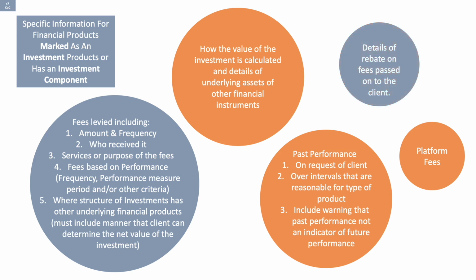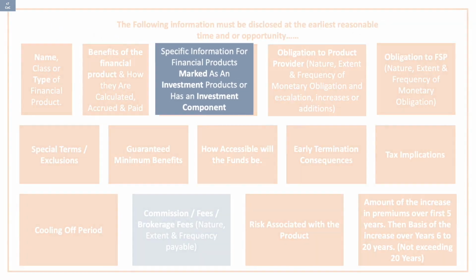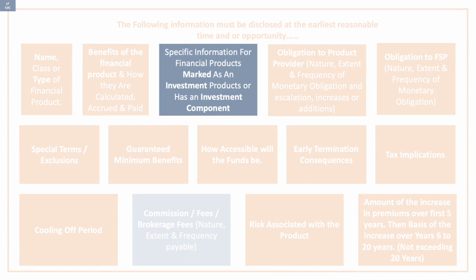We also need to disclose the details of rebates on fees passed to the client. And all platform fees that are being charged to the client must be disclosed. At this point, it is important to take note that we have just dealt with the specific information relating to fees for financial products marked as an investment product or has an investment component.